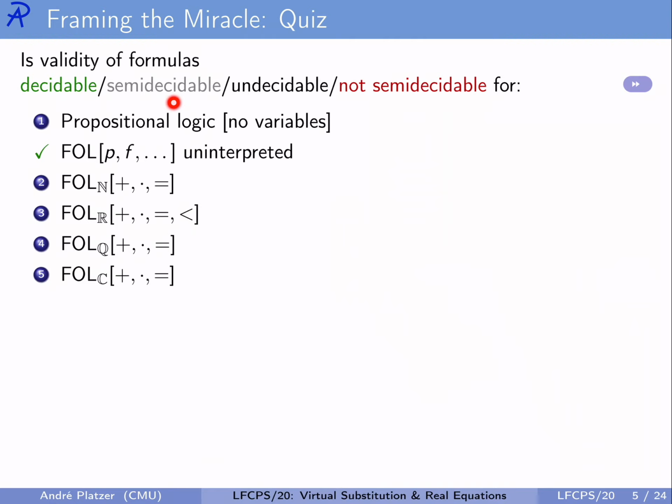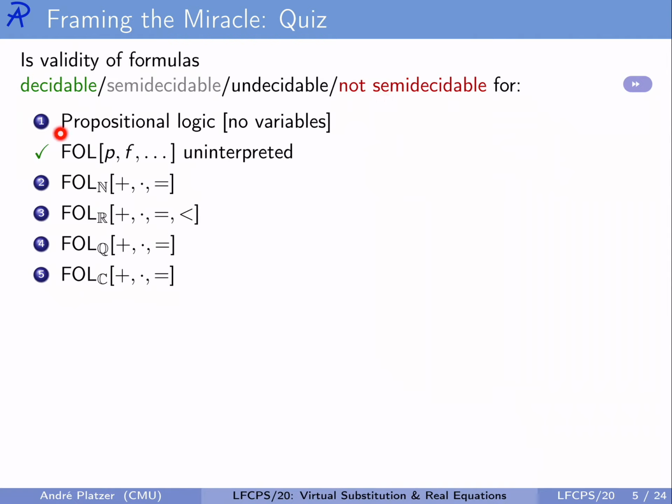If the answer is no, well, maybe the algorithm then terminates. It's undecidable whenever it's not the case that it's decidable. And it is not even semi-decidable when there isn't even an algorithm that on every valid example of a formula will tell us in finite time that it is a valid formula.